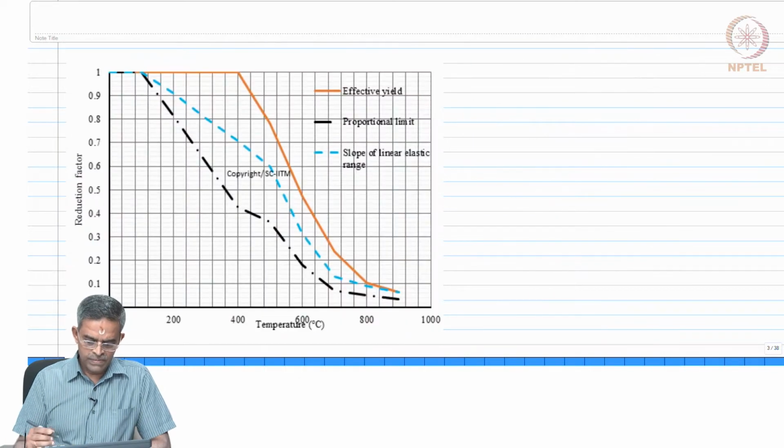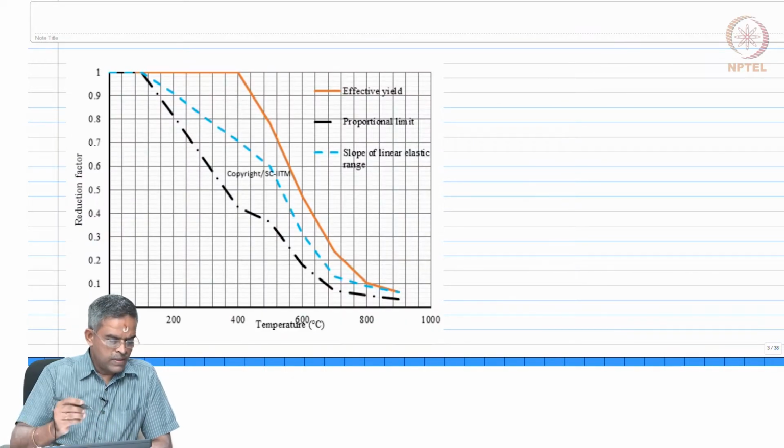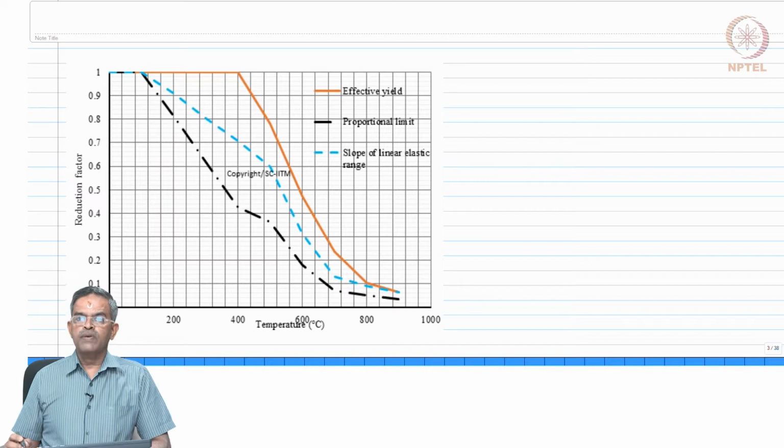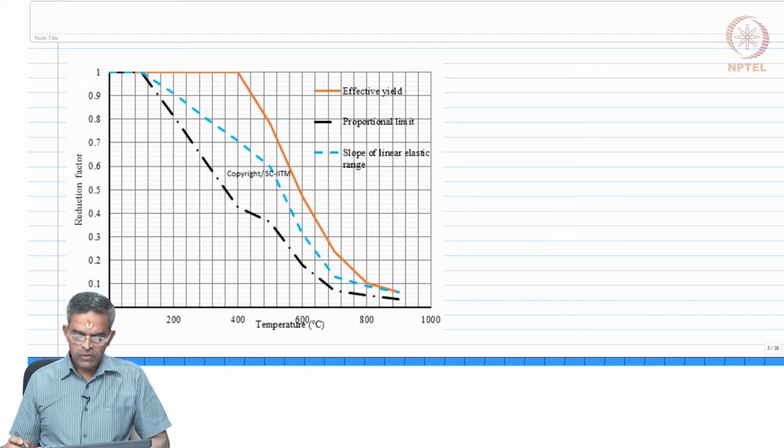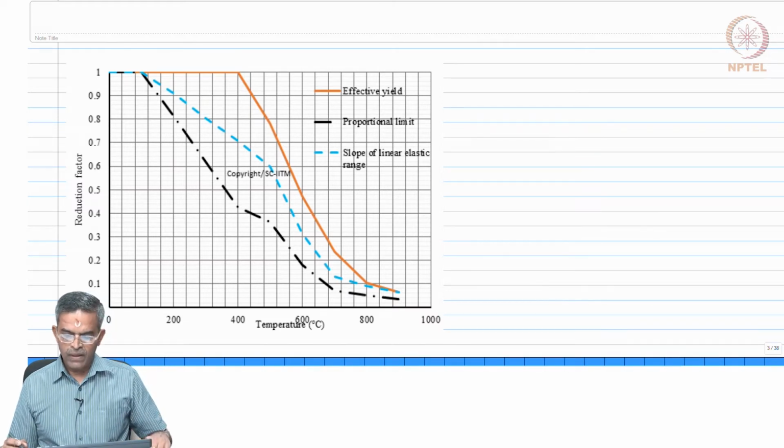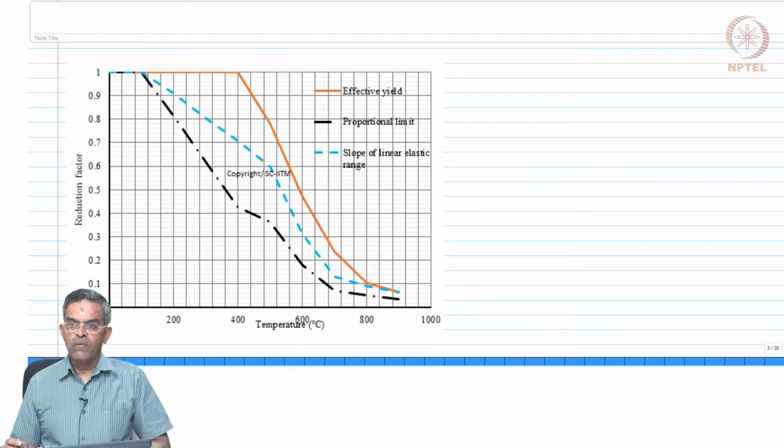Having said this, let us talk about steel property at a higher temperature. The figure what you see on the screen shows the reduction factor on different parameters of steel when the temperature is increased from about 200 degrees centigrade to about 900.